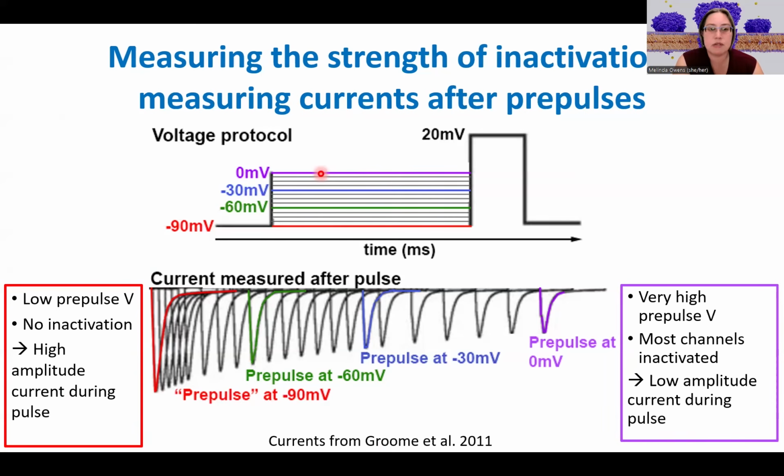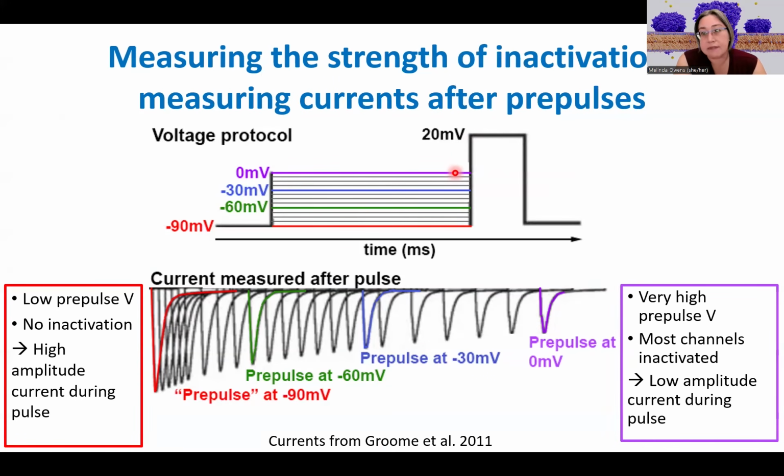And as I mentioned, 0 is rather a high voltage, so when you pulse to 20, most of the channels will have been inactivated by then. They all open and then inactivate. And so by the time you pulse to 20, very, very few channels are left that can open, right? Because they're all stuck in the inactivated state.